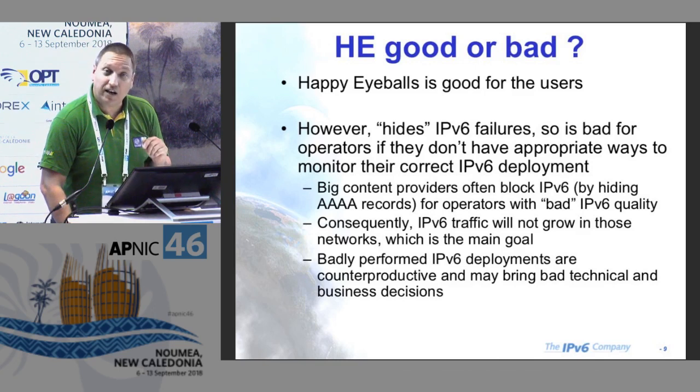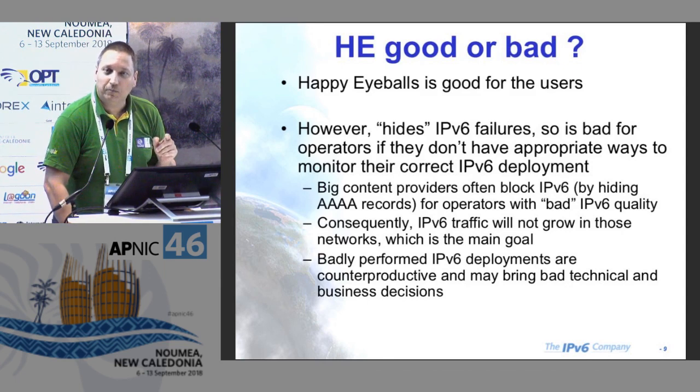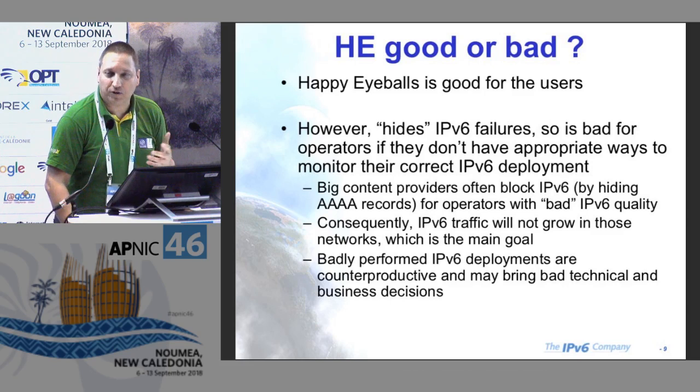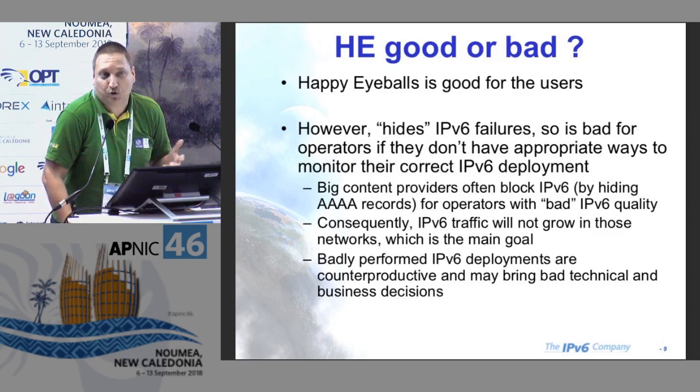The thing is that for ISPs, this is bad, because if you have a problem in your IPv6 network, because of Happy Eyeballs, you will not get complaints from your users, so the problem will be hiding from you, unless you have a good monitoring of your network, which you should have.